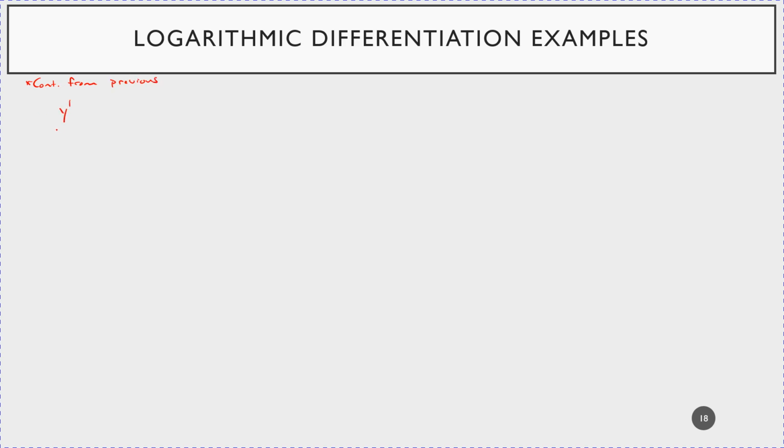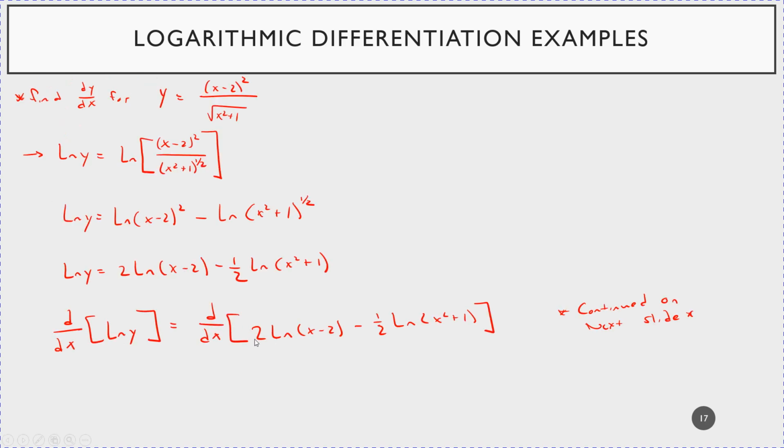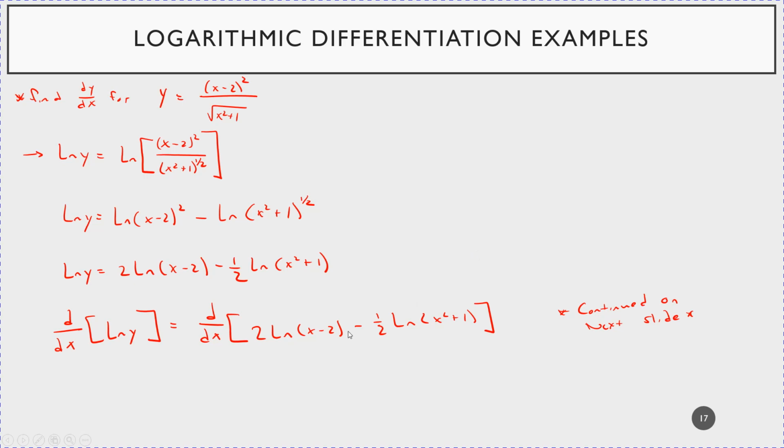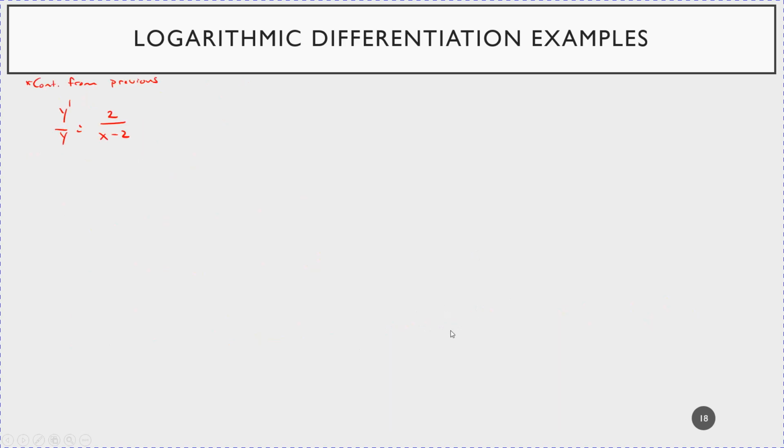This becomes y prime over y is equal to, and here, don't forget you have this 2. The derivative of ln(x minus 2) is u prime over u, which is 1 over x minus 2, so this just becomes 2 over x minus 2, because you have this 2 in front. Then minus 1/2, and the derivative of this is u prime, which is 2x over x squared plus 1.